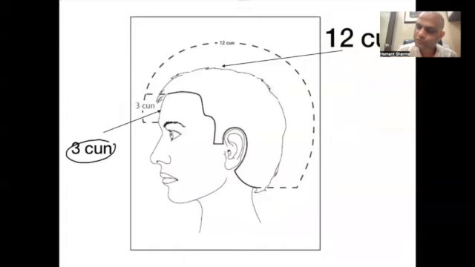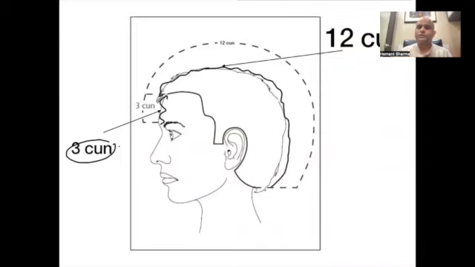So 3 chun is the length of the forehead, and 12 chun is the length from anterior hairline to posterior hairline. Right? We can even combine 3 plus 12. The total length will be 15 chun.